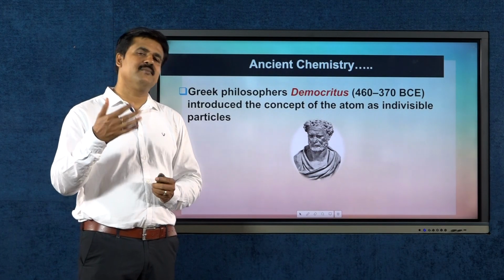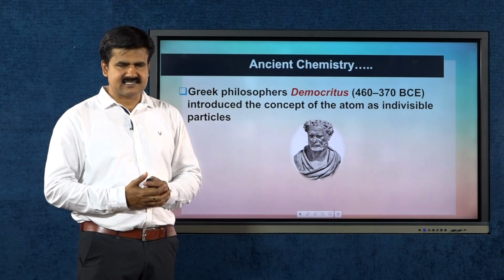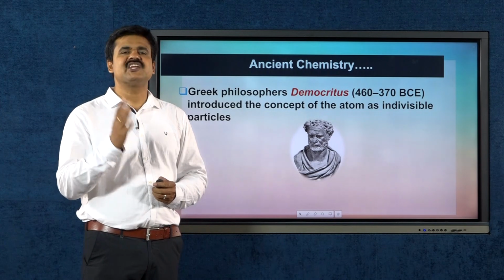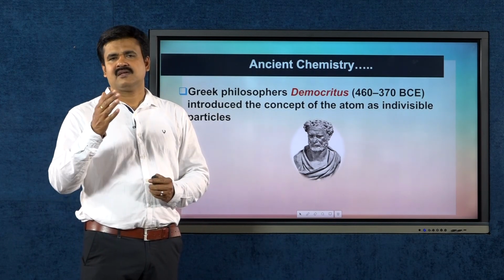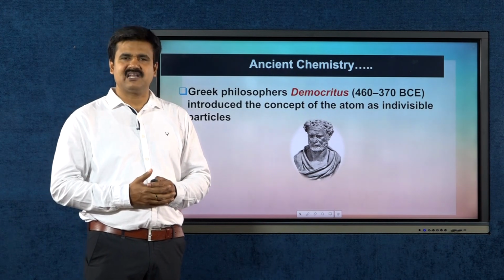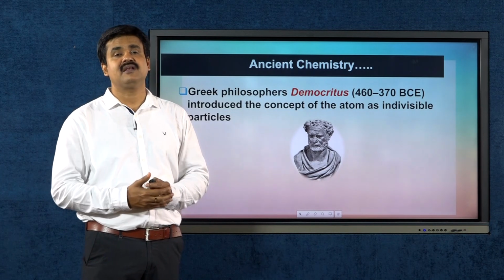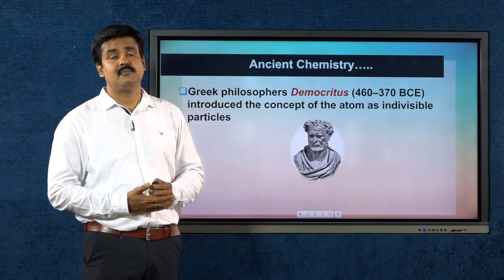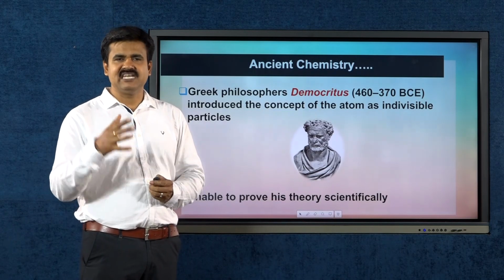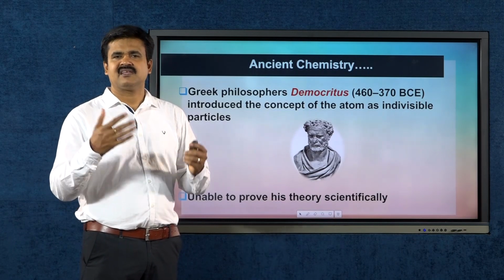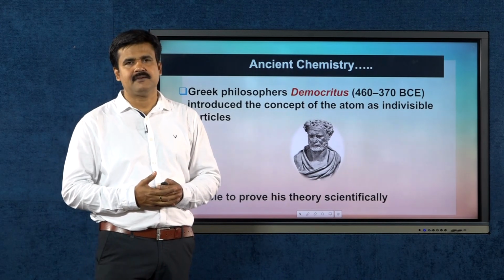Actually, you know about John Dalton's atomic theory, various models of the atom, etc. But in the ancient chemistry period, the Greek philosopher Democritus just introduced the concept of the atom as individual or indivisible particles. But his concept of indivisible particles could not be proved; he was unable to prove his theory scientifically.